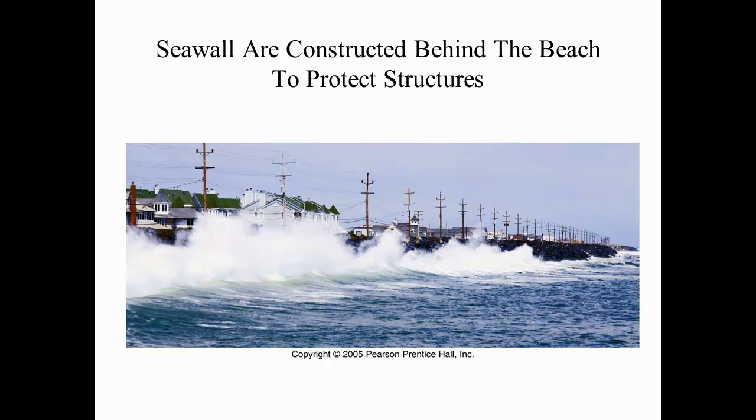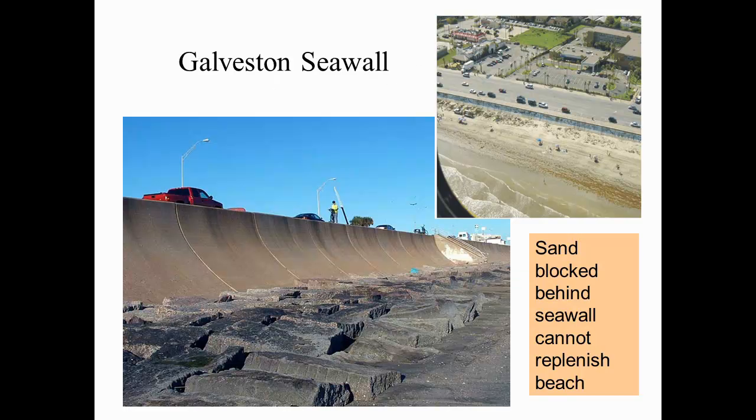Seawalls, on the other hand, are constructed behind the beach. The main purpose of seawalls is simply to protect the structures behind them in the event of tropical storms and hurricanes. Unfortunately, in the case of most seawalls, the sand becomes blocked behind the seawall and is unable to replenish the sand that's lost on the beach itself.